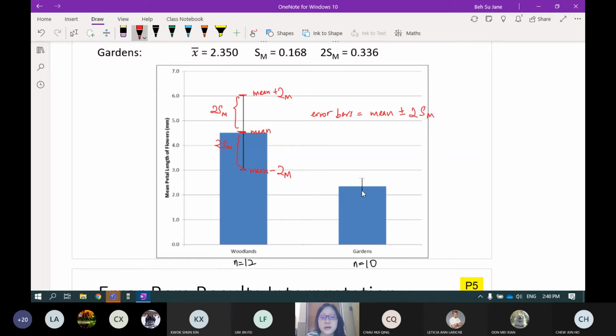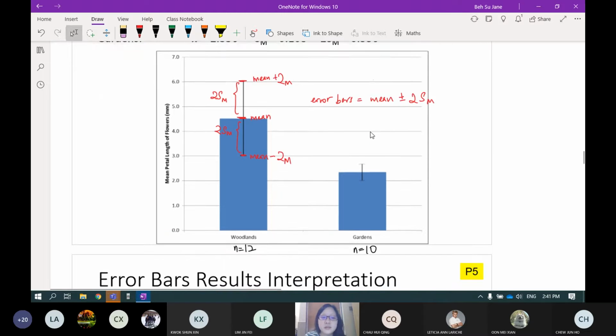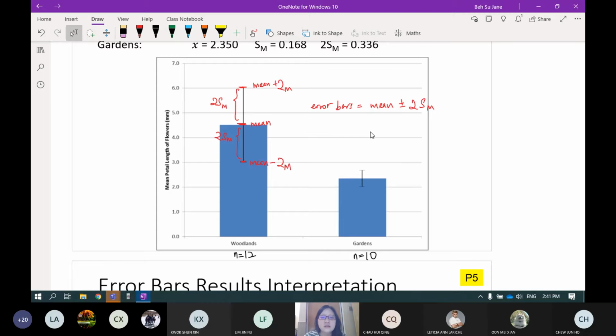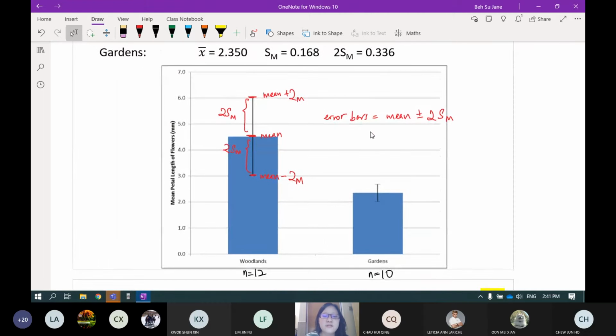Okay, the standard error is smaller, so the bar is smaller. Same thing here, they just use the standard error for gardens instead. So you can see here that the 2 standard error is smaller. If the woodland is smaller, then gardens is smaller. This one I plot using Excel. Using Excel is very easy, but of course in the exam you are required to use manual methods, aka calculate and draw the lines yourself.